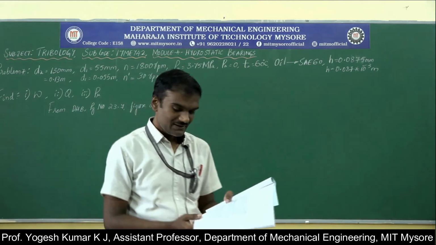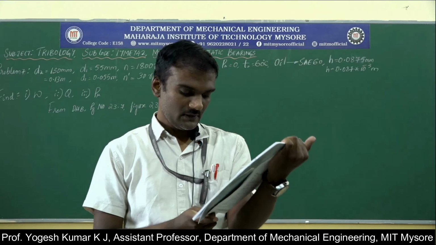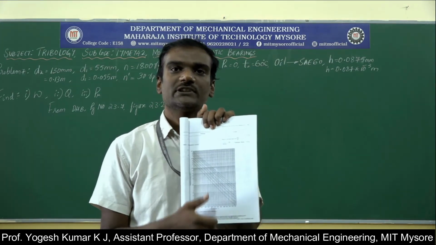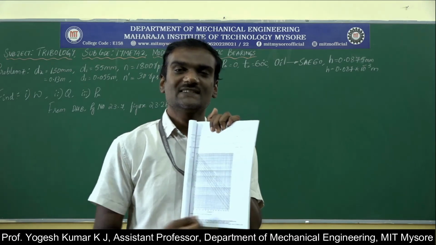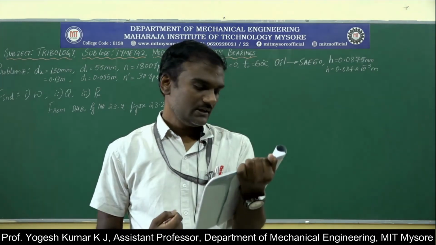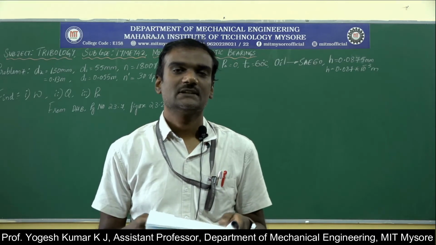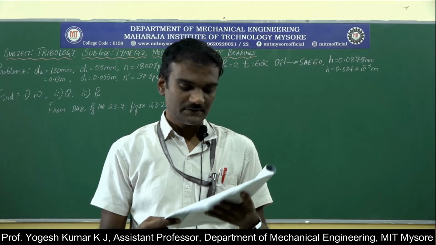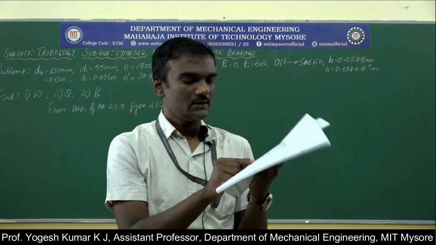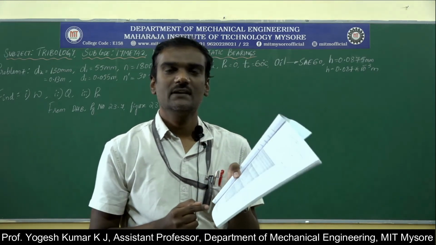We have a chart which says absolute viscosity versus the temperature, where the x-axis is the temperature and the y-axis is the viscosity in terms of millipascal seconds, that is 10 power minus 3 pascal seconds. And then we have variations with respect to the type of oil. It will start with SAE 10 and end up with SAE 70.